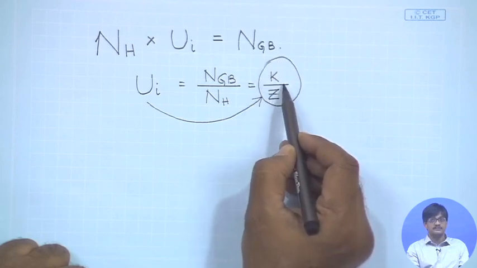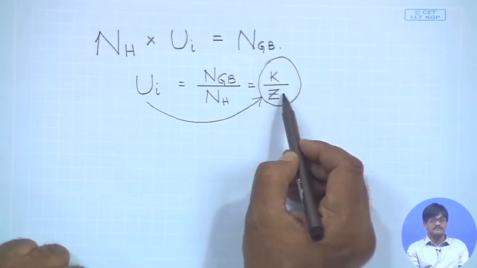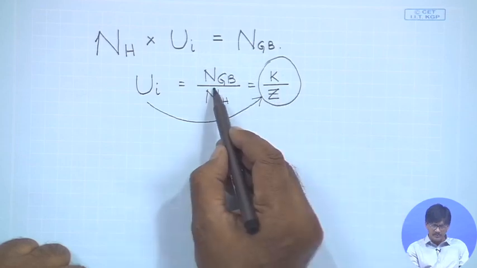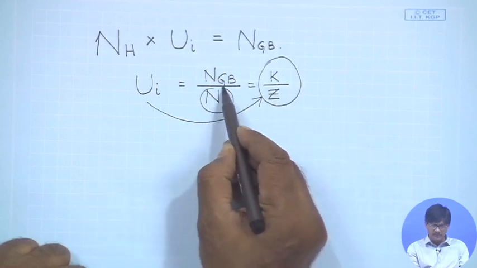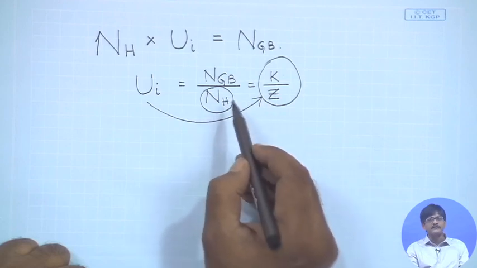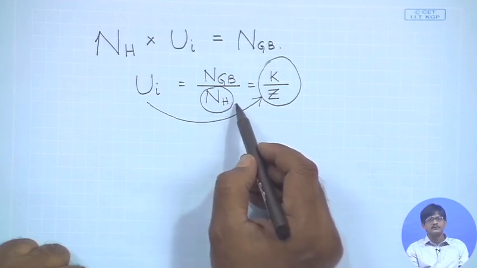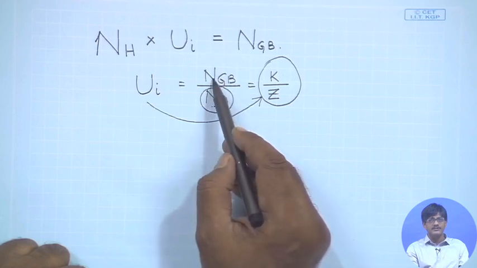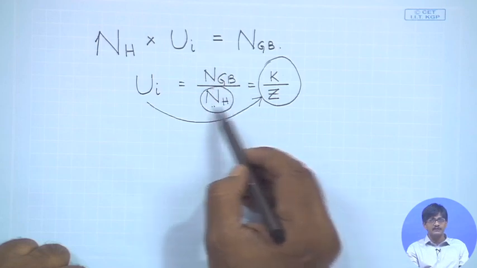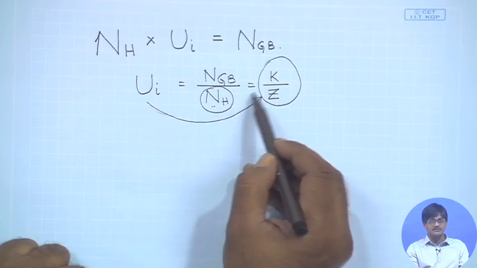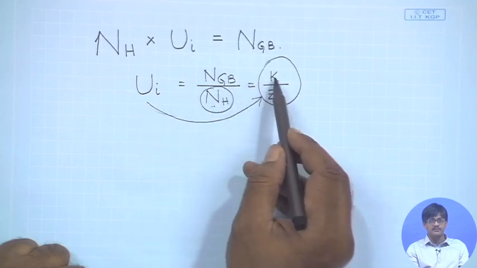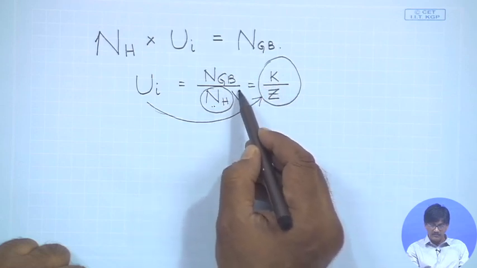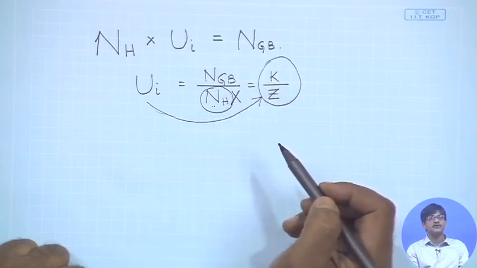It's a constant, K by Z. So now if I say that it depends upon the number of rotations of the hob, I can definitely say no, it does not. You change the rotations of the hob, NGB will also change, so that this will be untouched. If you double NH, do you mean to say that K by Z will change? No. So it does not depend upon the number of rotations of the hob.